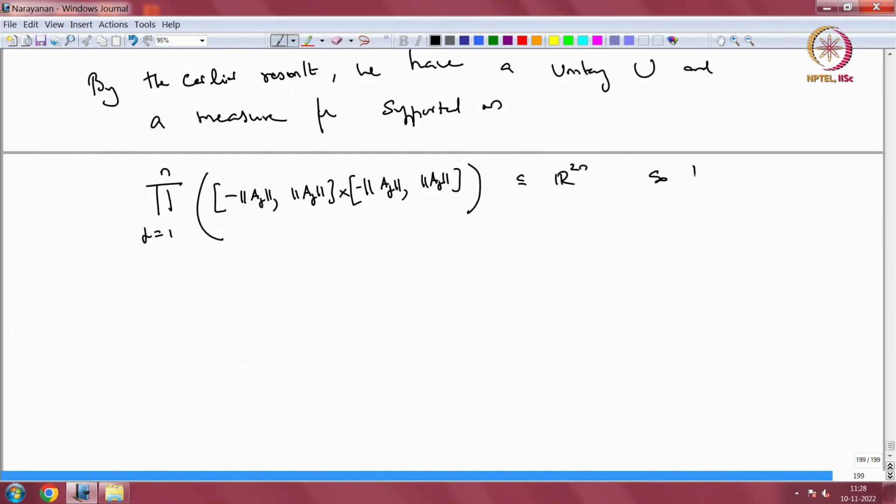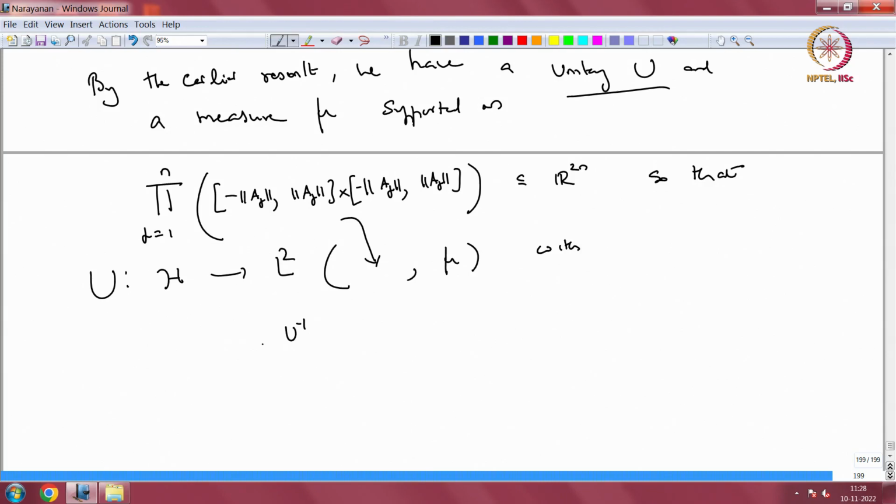So that, well, where is the unitary U? U goes from the Hilbert space H to L2 of this product space, which I will not write down again, with respect to mu, with U inverse, let us say, B Bj and U, right.